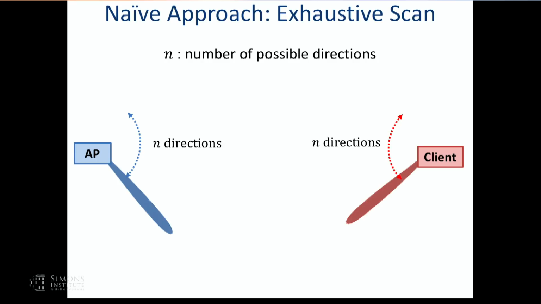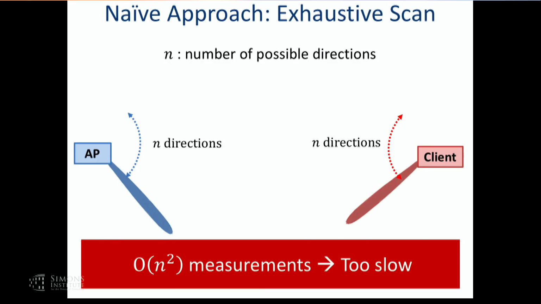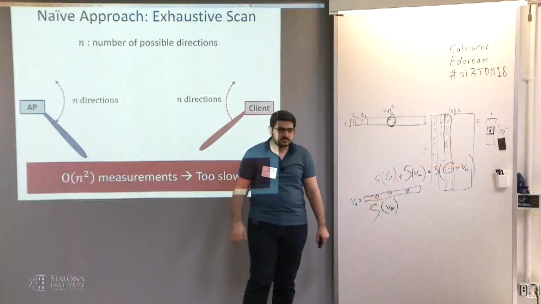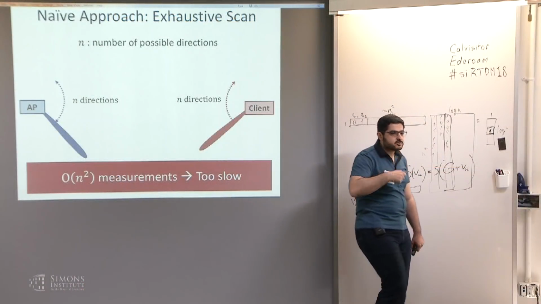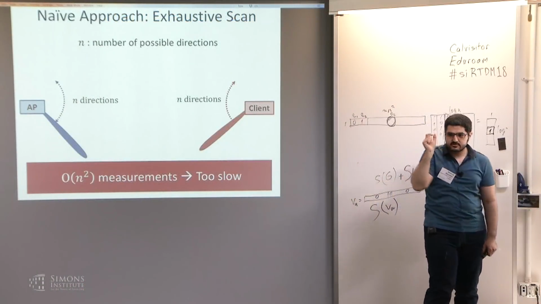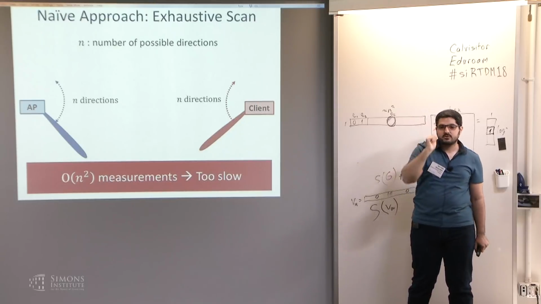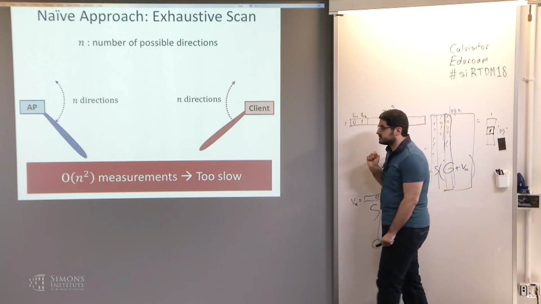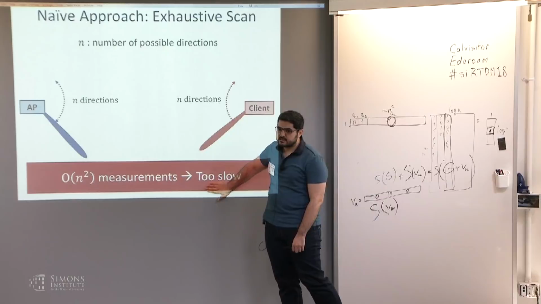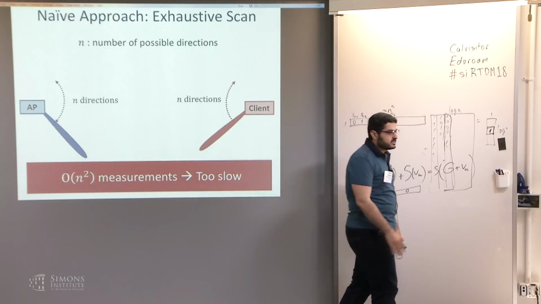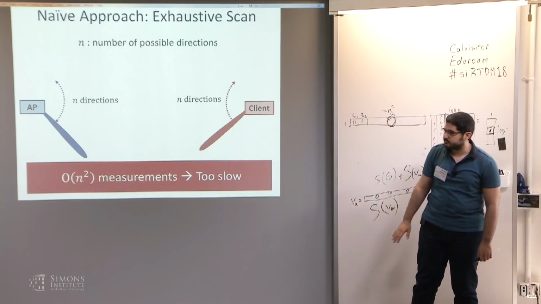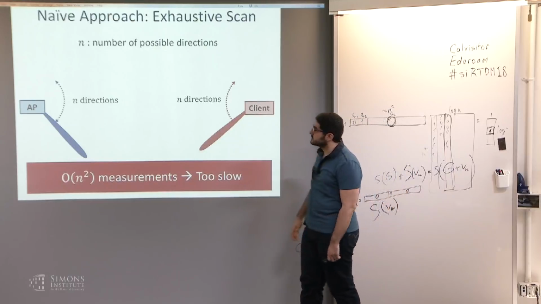And so the problem with this is that it takes order n squared measurements. And here a measurement is actually you send a data packet, a small one, and you measure the value of the channel. And so this is, even for small arrays, prohibitively expensive. Like, no one even thinks of implementing this.